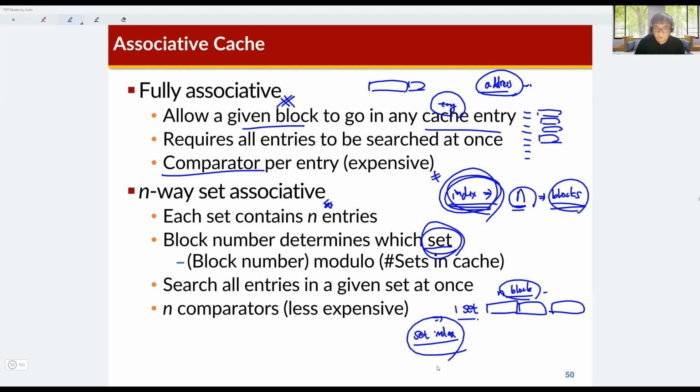For this n-way set associative cache, the set index is also the lower part of the address, but one set can include multiple blocks. So we need n comparators to compare the tags of these multiple blocks in a single set. So this is the n-way set associative cache.